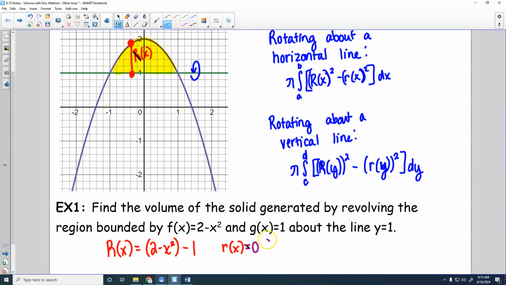So if the region touches the line of rotation, lowercase r of x is just going to equal 0, because that lowercase r is like the radius of the hole, the part you're subtracting out, and there is no hole in this, so it's just 0 for that.